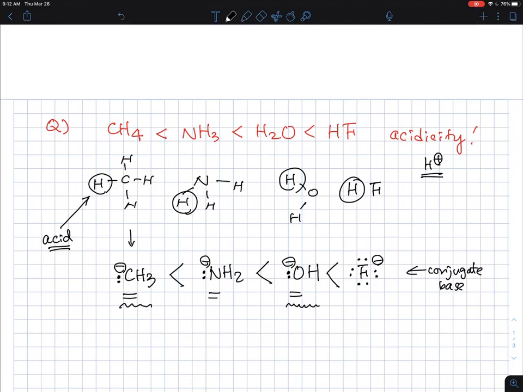This proton can be taken away. We are just considering the scenario that when this proton is taken away, what will be the conjugate base, and how stable it is. This is very, very unstable, right? So that's why there is an increasing tendency to have a more stable conjugate base. That means it is more acidic.